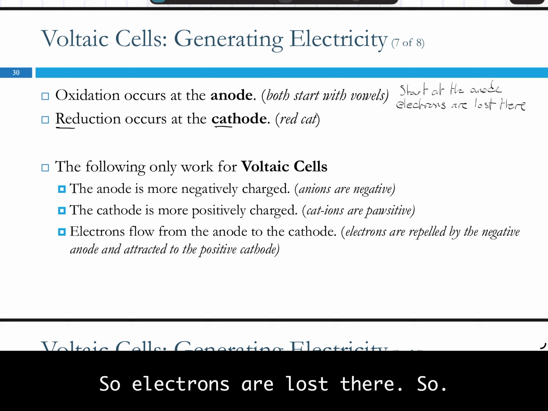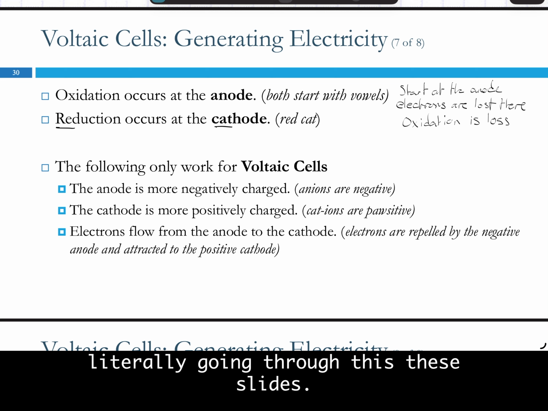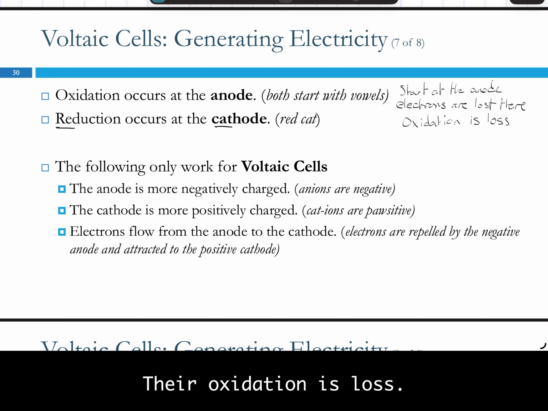So electrons are lost there, and oxidation is loss. Oil from oil rig. Literally going through these slides, that's how I remembered it every time. Start at the anode, electrons are lost there. Oxidation is loss. Oxidation at the anode.